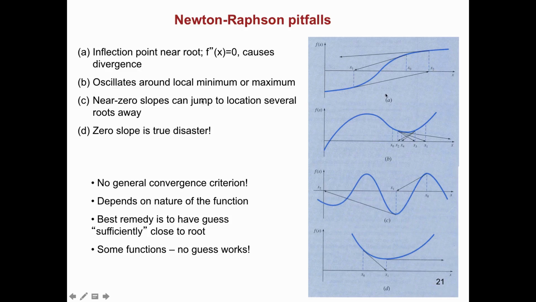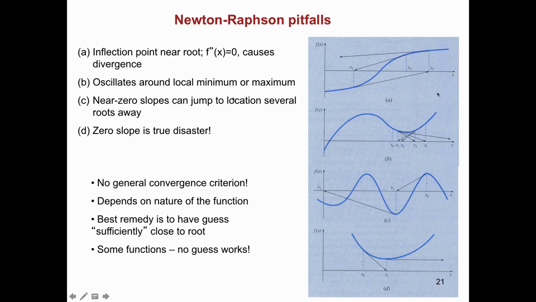Quite literally. Because if I pick any value here and start from it, I'm going to constantly get sent back. So let's say that I'm starting at x0, which is here. The tangent will send me down to x1, which is here.